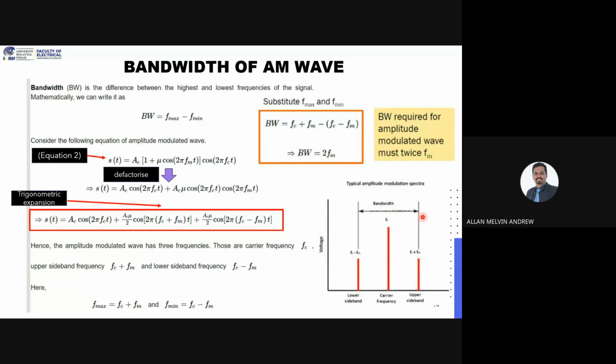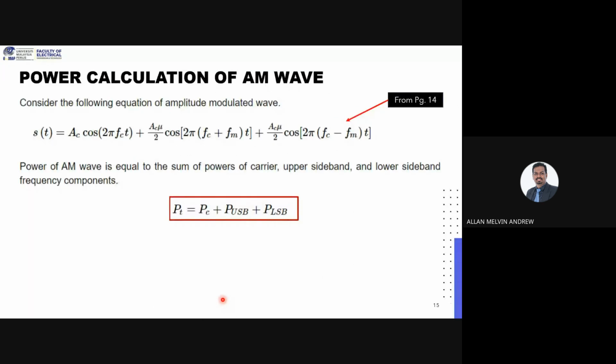In the exam, the question can ask you to calculate the bandwidth. You can use this formula or that formula, or derive it from this formula, depending on the information. The questions can also ask you to calculate the power of the amplitude modulated wave. We are taking this from the equation on the previous slide, page number 14.